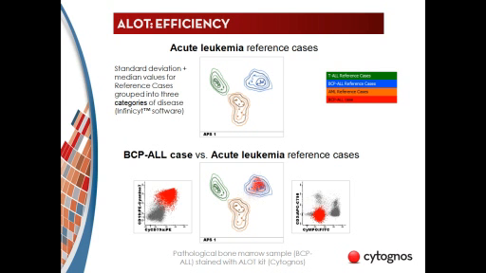When we have a new sample that we don't know what it is, applying the ALOT combination and gating our blast cell population with CD45 and CD34, if we plot this population against all of our references, the multivariate analysis is going to indicate that our pathological population fits in the same position, so has exactly the same expression, as all the cases that we have called BCP-ALL.